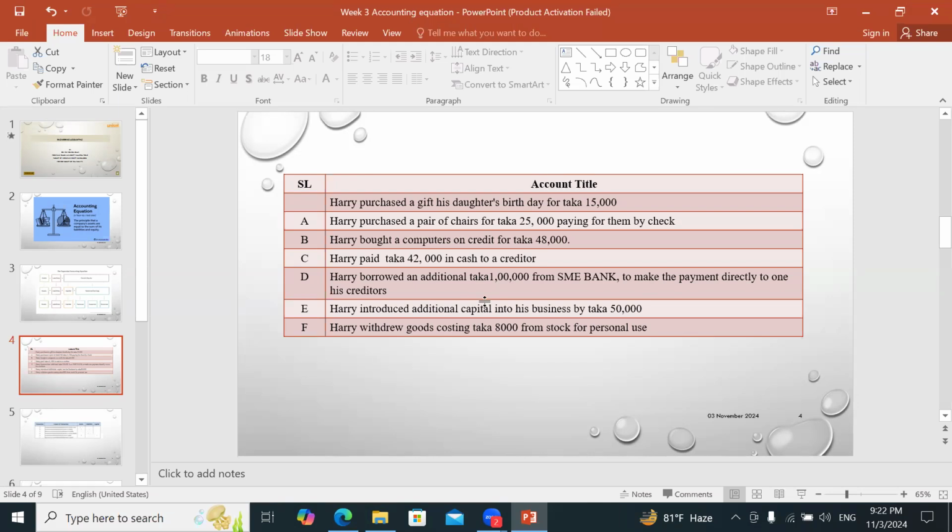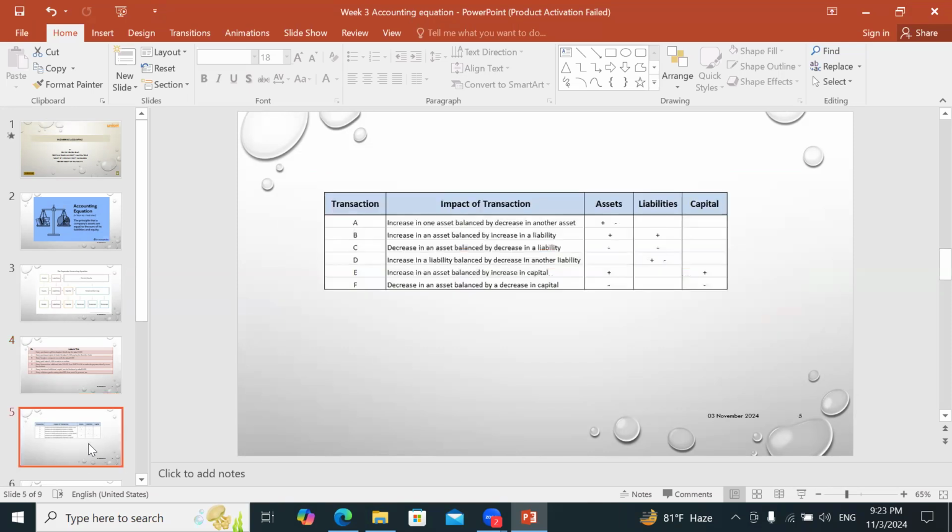When you make payment to one kind of creditor, creditor means account payable, liability. Another liability, decrease or increase, when you make the payment? Decrease. You see, the borrowed liability increases when you take money with a condition.